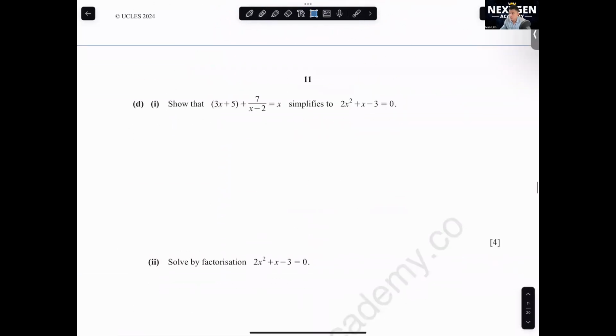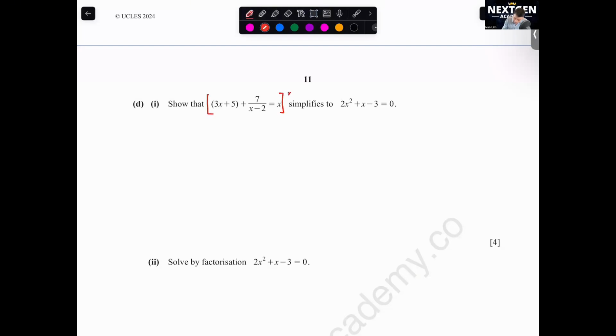Okay, question D, show that this whole equation can be simplified to 2x squared plus x minus 3 equals to 0. Okay, first thing, let me see, what can we do? Okay, I want to get rid of the x minus 2 first, so I can multiply the whole equation by x minus 2. So here, 3x plus 5 will be multiplied by x minus 2.